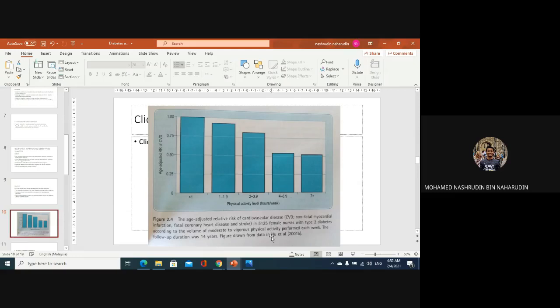So women who reported no vigorous exercise, which is less than 1 MET, will have a higher prevalence of cardiovascular heart disease, whilst women who perform 7 METs per hour in a week will lower the risk of having cardiovascular heart disease.